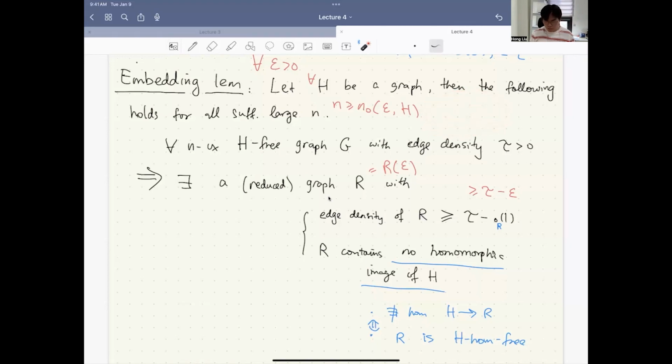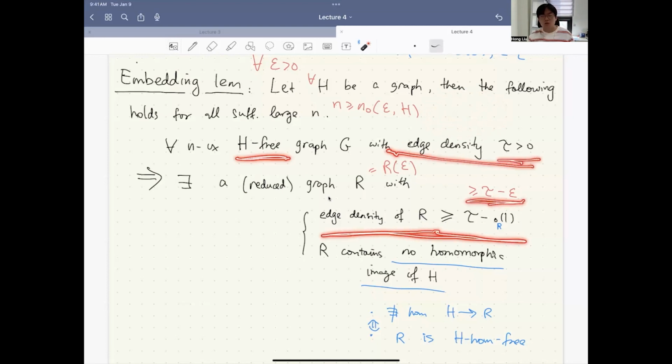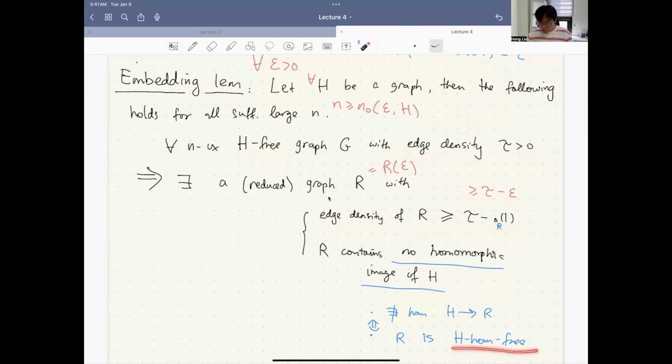Here it's the same. We go from a graph that's H-free with edge density tau to another graph where the edge density is not dropping much. It's almost the same, losing a little bit. But we obtain a much stronger property. It's not just H-free, it's H-hom-free.